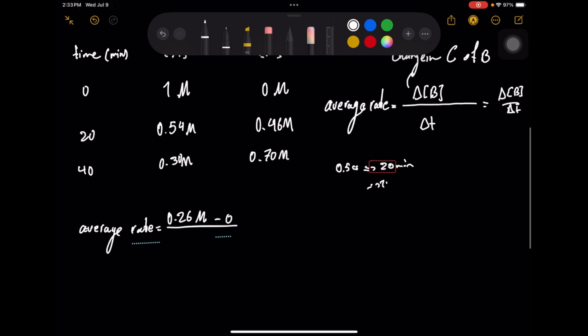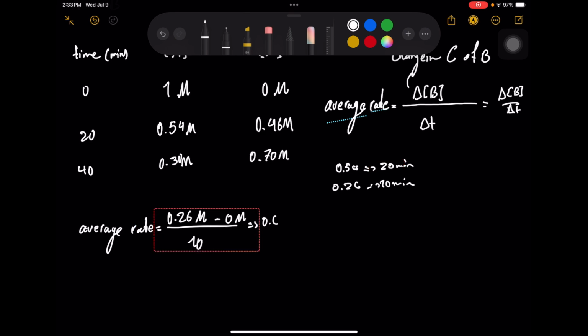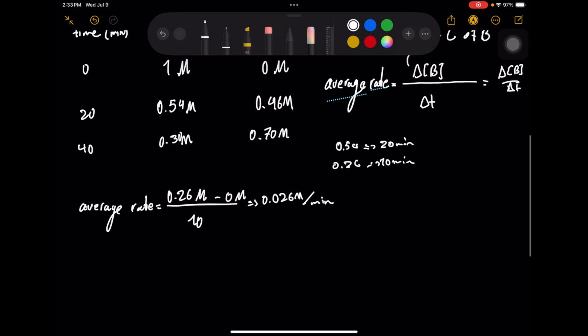So in 10 minutes, it should be 0.26 molar minus 0 molar over 10 minutes. It would be 0.026 molar per minute. If we were to perform the actual experiment, we could calculate the average rate of formation during each 10 minutes.